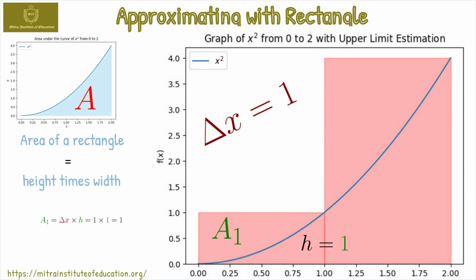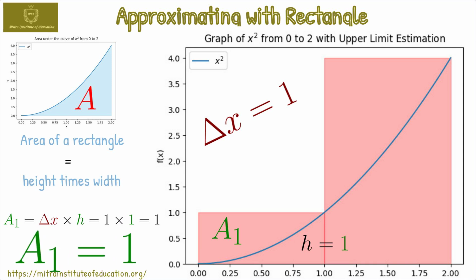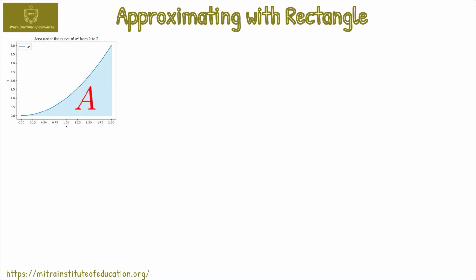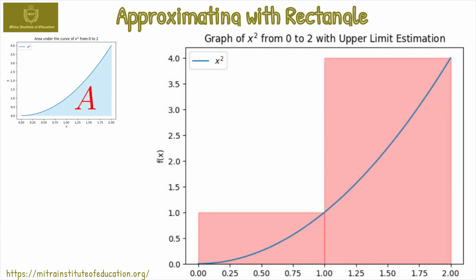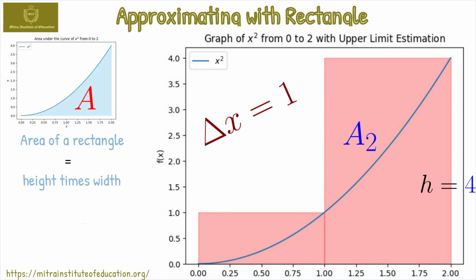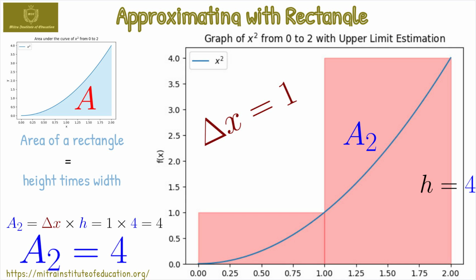So, the area of the first rectangle is the height times the width. That's 1 times 1, which equals 1. For the second rectangle, the height is 4, and the width is delta x equals 1. So, the area of the second rectangle is height times width, which is 4 times 1, equals 4.